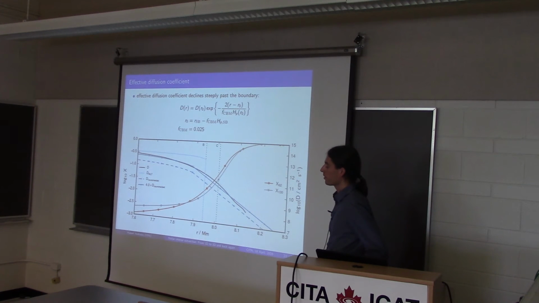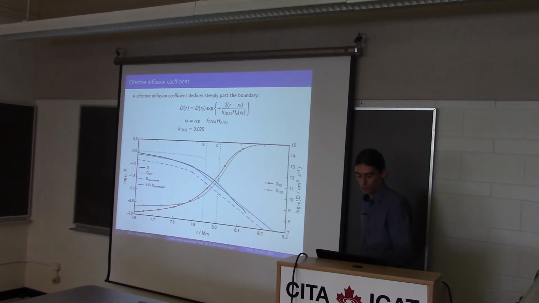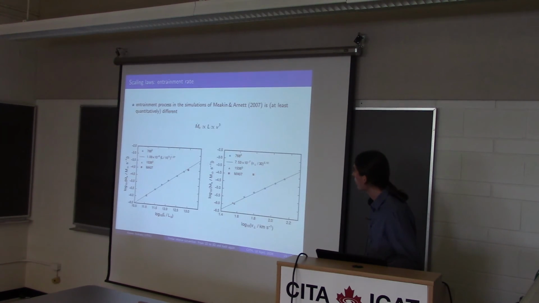Yes. That was done for the lowest of our luminosities, because here we have two simulations, 768 cubed and 1536 cubed, and you can see that they are on top of each other. So you could say that they are sort of converged.